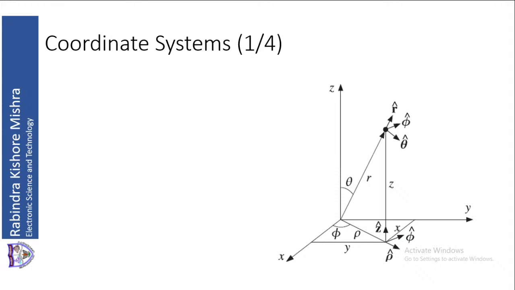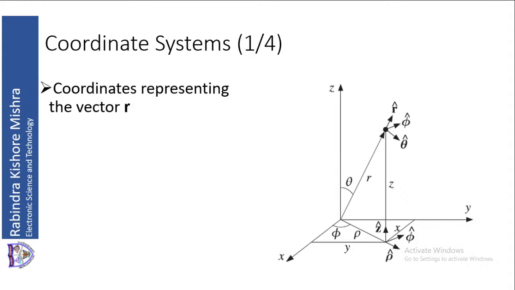So everything we have got. And the unit vectors: for theta, it is from z towards the xy plane, so that is theta cap. Then phi is from x towards y, so that is phi cap. Similarly, rho cap is along the projection of the point onto the xy plane.